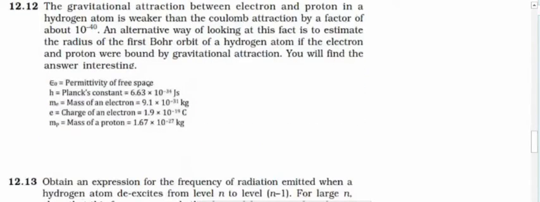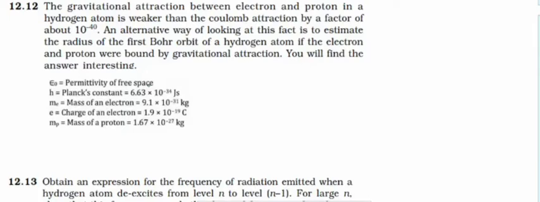Then next, question 12. The gravitational attraction between electron and proton in a hydrogen atom is weaker than the Coulomb attraction by a factor of about 10 power minus 40.